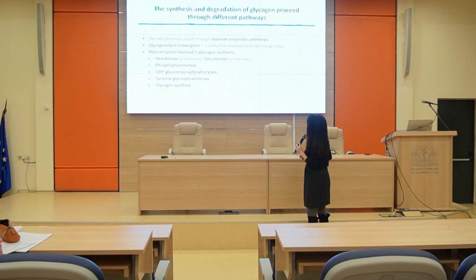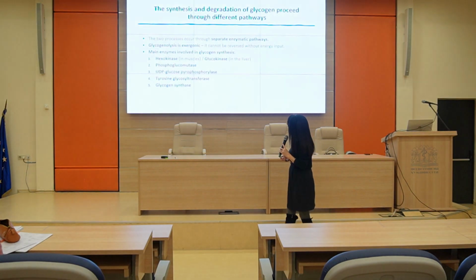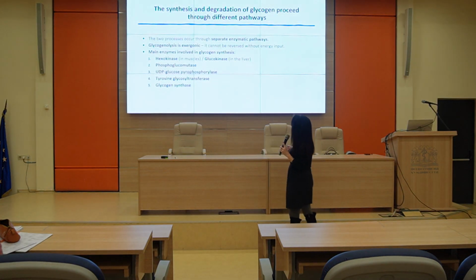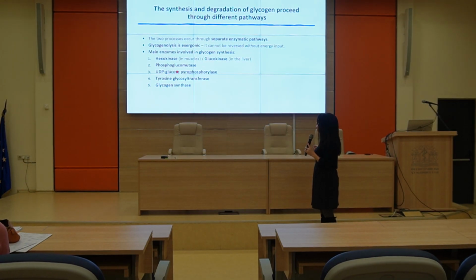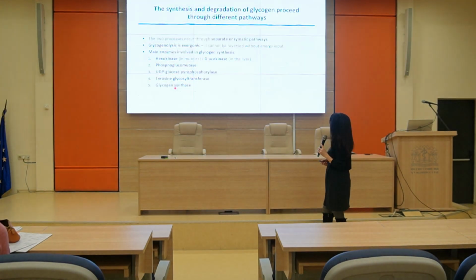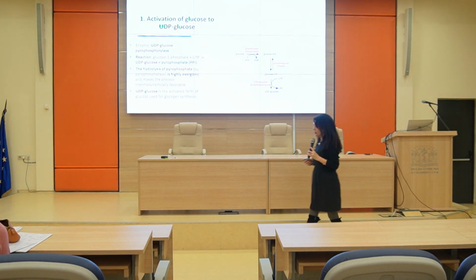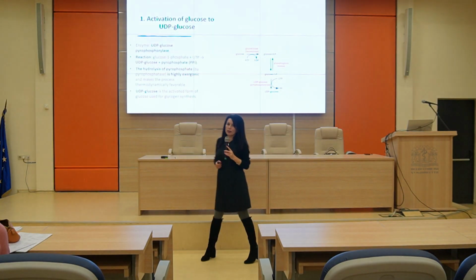The main enzymes involved in glycogen synthesis are these 5: hexokinase in muscles or glucokinase in the liver, phosphoglucomutase again, UDP glucose pyrophosphorylase, glycosyl transferase, and glycogen synthase, which is the main active enzyme. Let's see the first process, called activation.